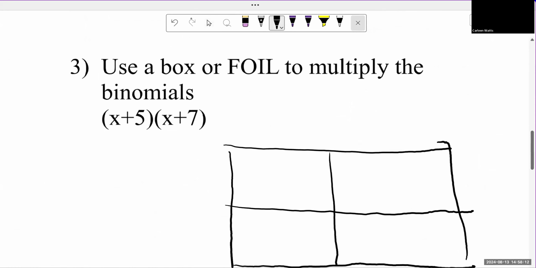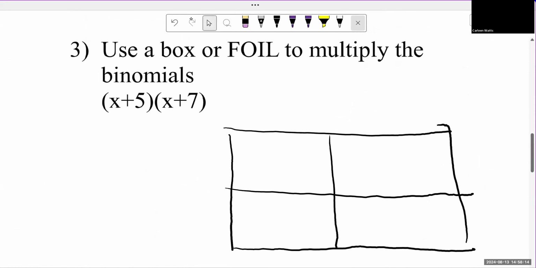Okay, we're going to use the box strategy to FOIL the binomials. So we're going to expand the expression using the box method. We're going to multiply x plus 5 and x plus 7. So step 1 is multiply.